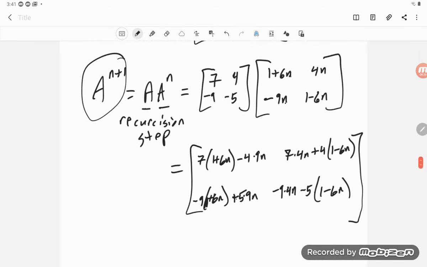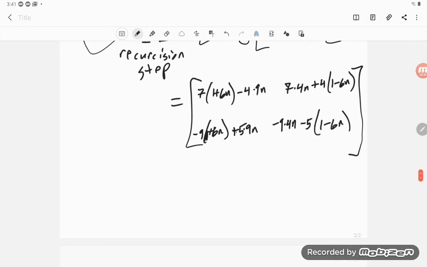Can I make it look like the pattern where instead of 6 times n, I get 6 times n plus 1? Okay, well, I'll give it a shot. I've got up here 7 plus 42n minus 36n.